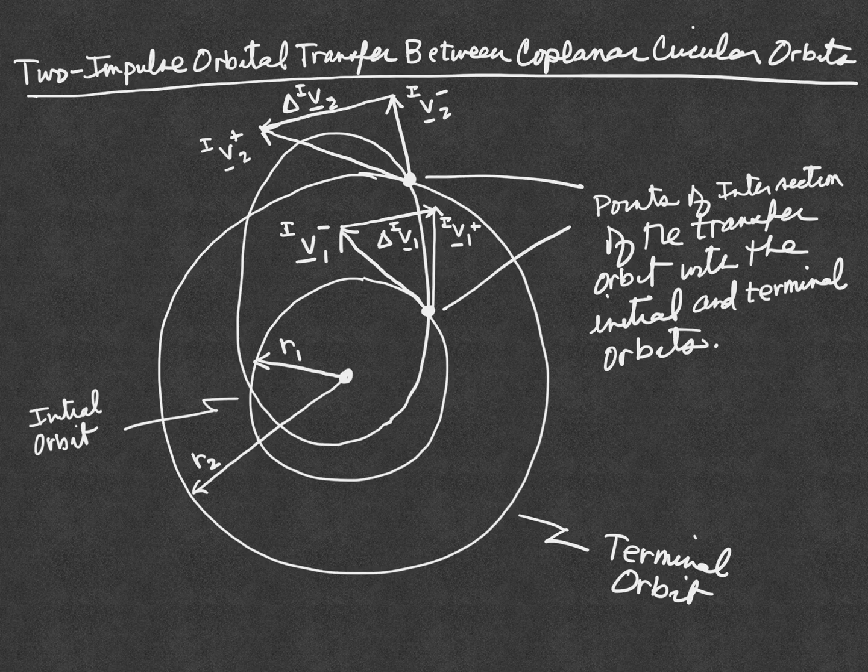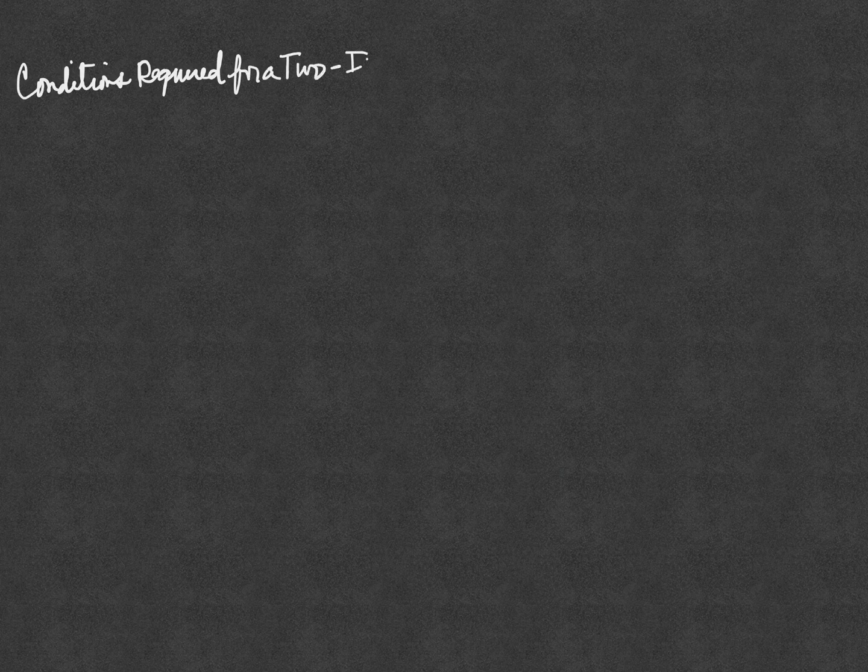Now, let's look at the conditions under which a two-impulse transfer of the kind that I've drawn is possible. So these are the conditions required for a two-impulse coplanar circle-to-circle transfer.